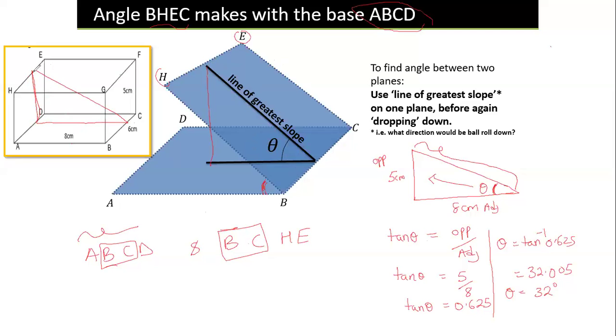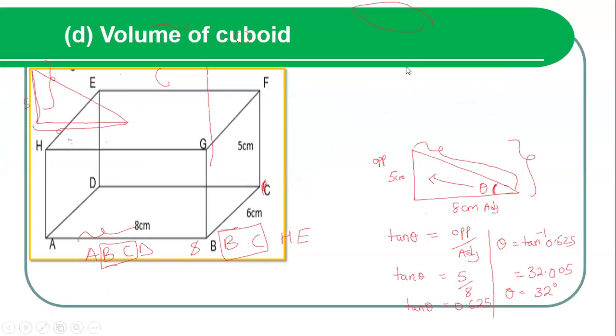Then find the height of that cuboid. Here I have 5. What about along here? I have 8. So that is the figure we came up with, and therefore you can apply your tan. Those who want to use sine or cos, first find the hypotenuse. But we are going to do another number. Probably you understand from there.